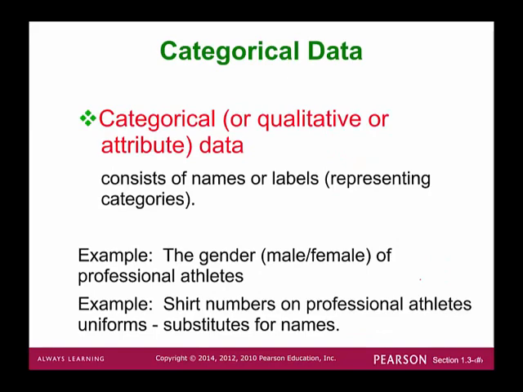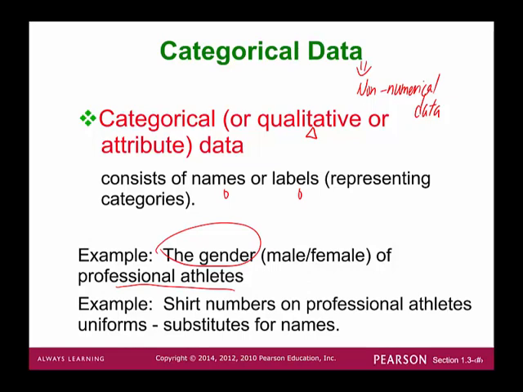Another way of categorizing data is categorical data. You also call this qualitative data. Compared to quantitative, qualitative is non-numerical. So all the categorical data is non-numerical data, typically consisting of names and labels representing categories. For example, you could say gender. Gender definitely is categorical data. Gender of the professional athletes.